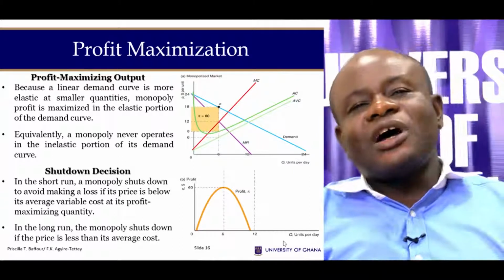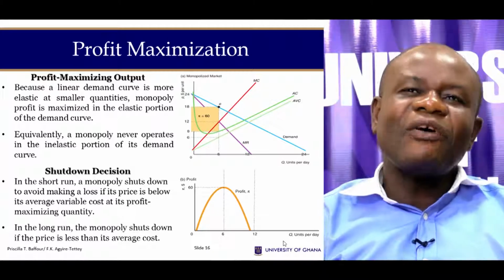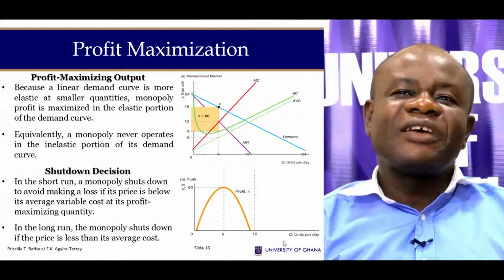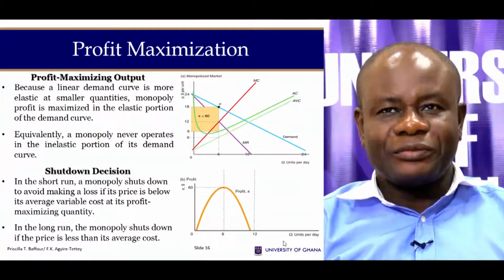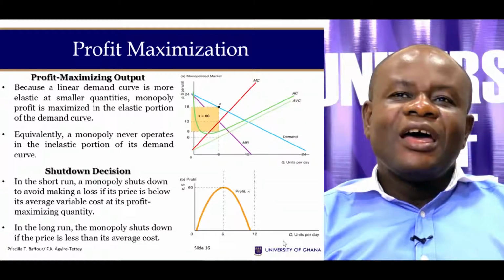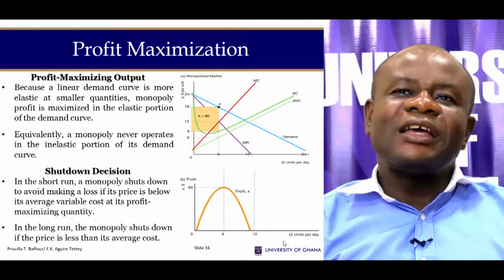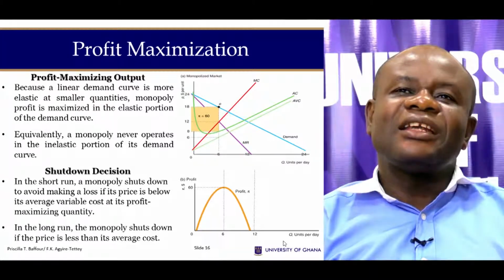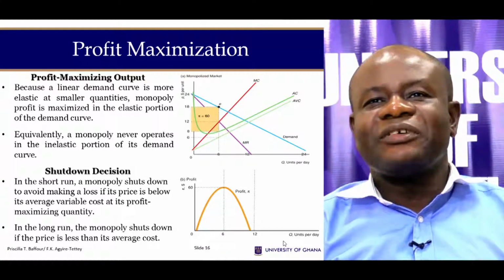Now, just as we saw under the perfectly competitive market, for us to maximize our profit, the firm will again equate the marginal cost to the marginal revenue. And the firm will charge a price that is greater than our marginal cost, unlike the perfectly competitive firm.